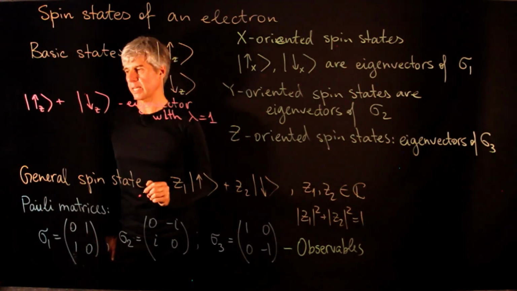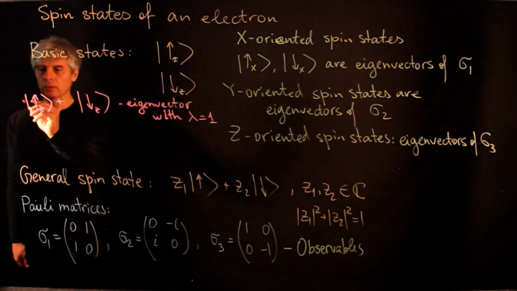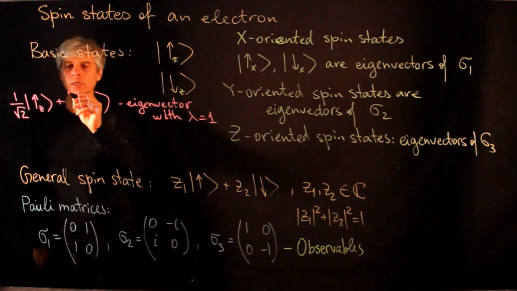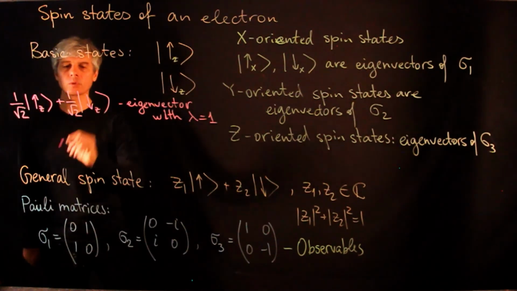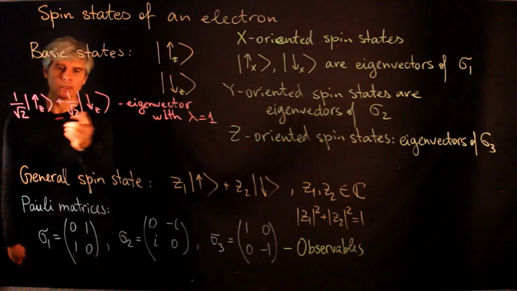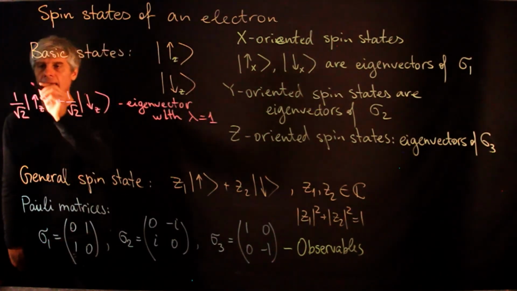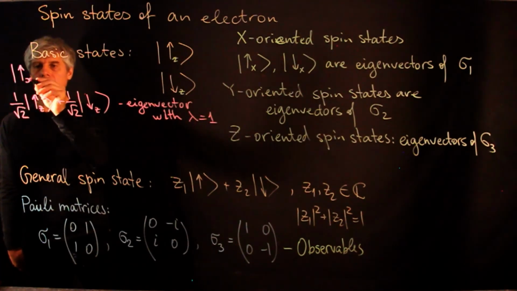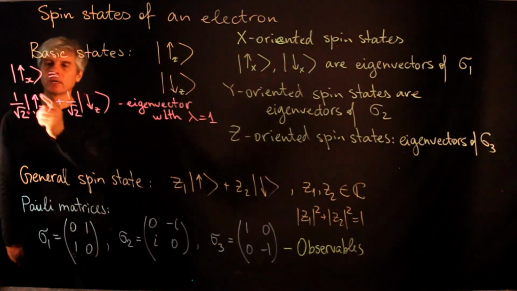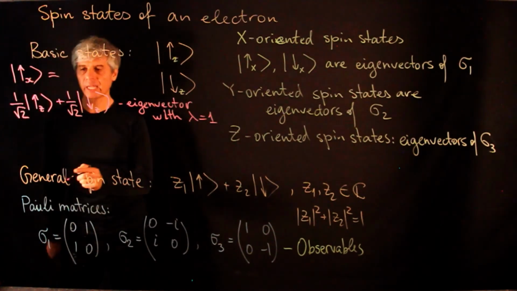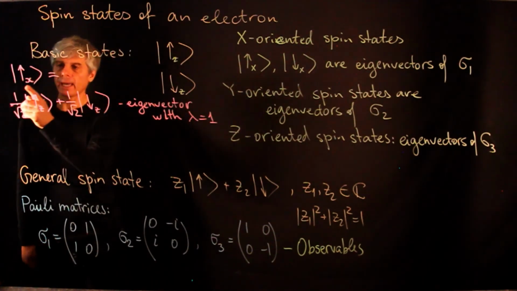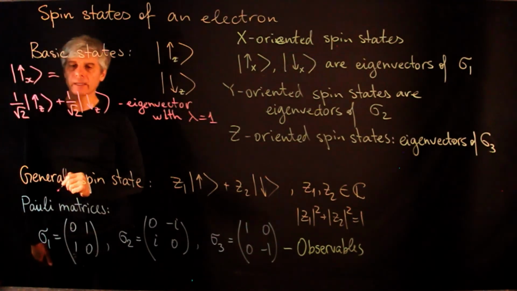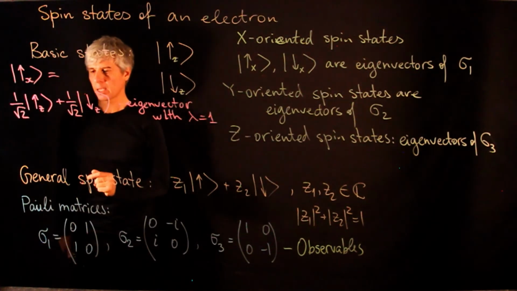So it's a +1 eigenvector. And to normalize it, I should put 1 over square root of 2 here and 1 over square root of 2 here. In this way, this will become a unit vector. And then this is equal to the spin state of an electron which has spin aligned in x direction, right?